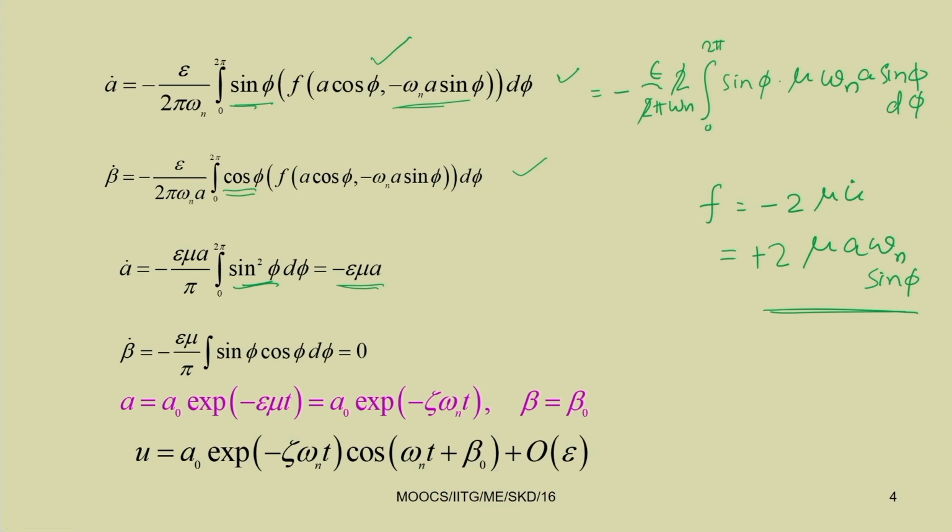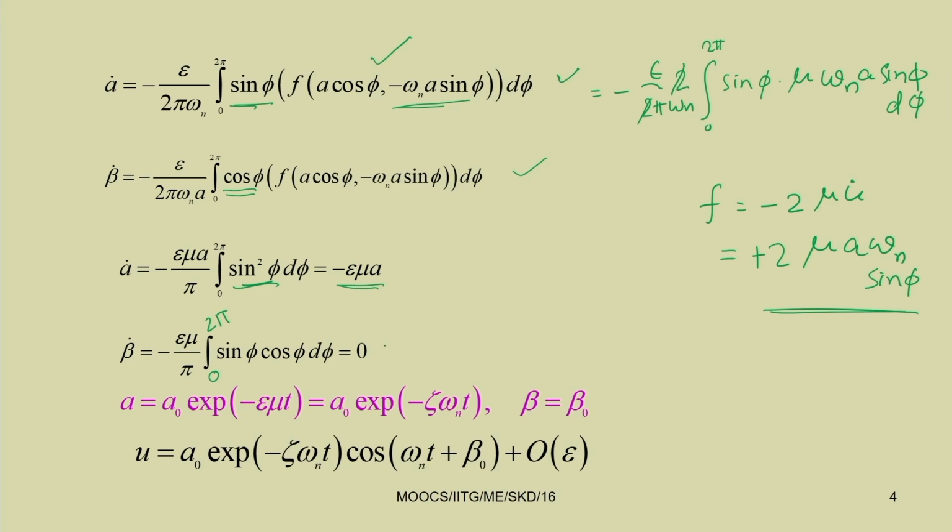So, integration of sin phi into cos phi, you multiply 2 and divide by 2. This integration is for 0 to 2 pi, so 2 sin phi into cos phi equal to sin 2 phi. So, this integration becomes 0. So, this beta dot equal to 0.